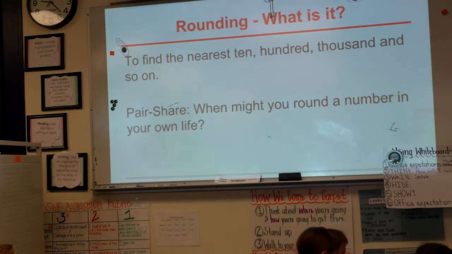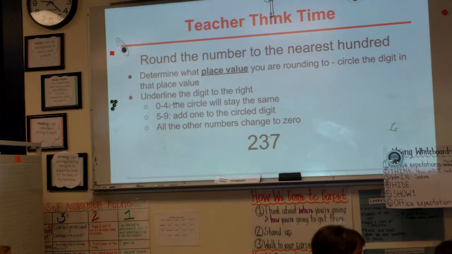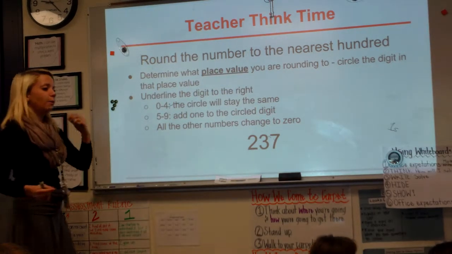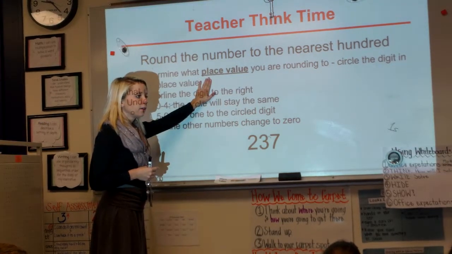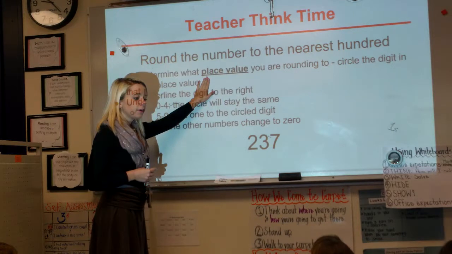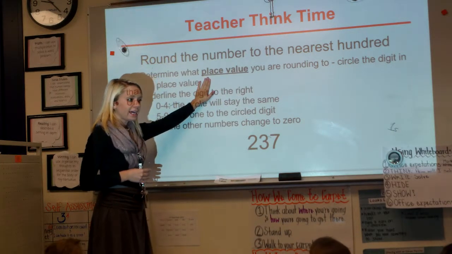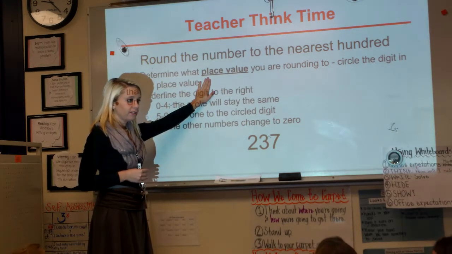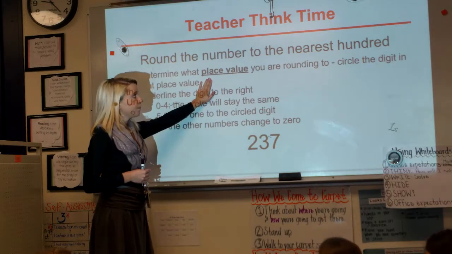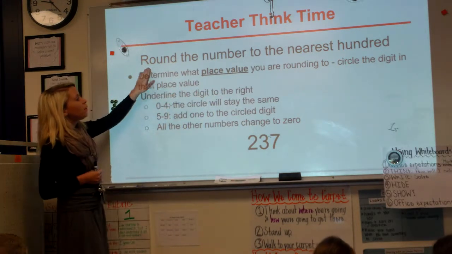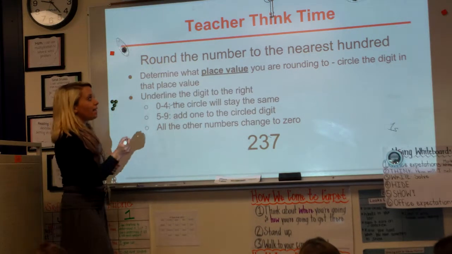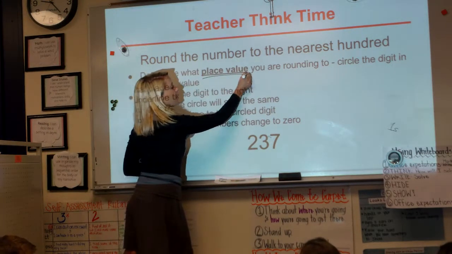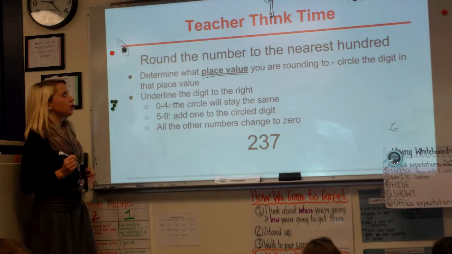We're going to really dig deep into the process to take with rounding. So I'm going to give you a chance to go ahead and have eyes up here, ready to go, and office expectation reminder. So when we're rounding, we need to first identify what place value am I rounding to.